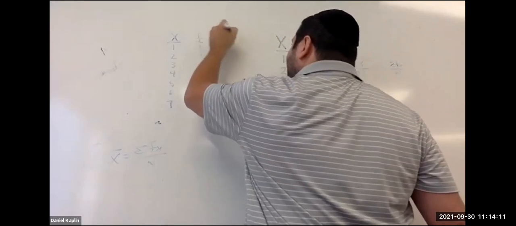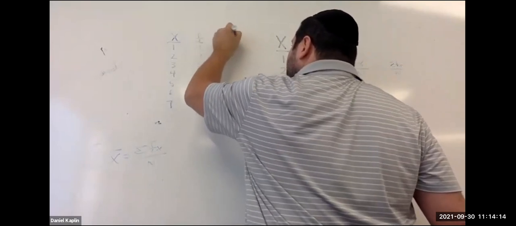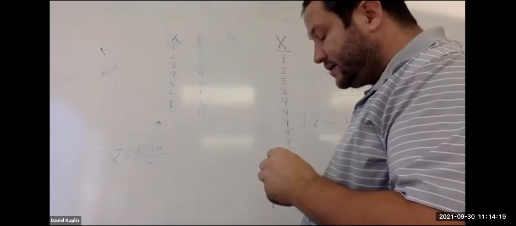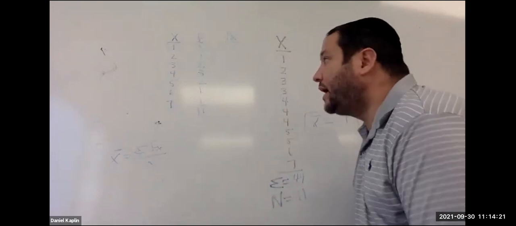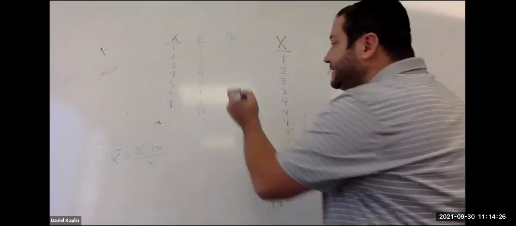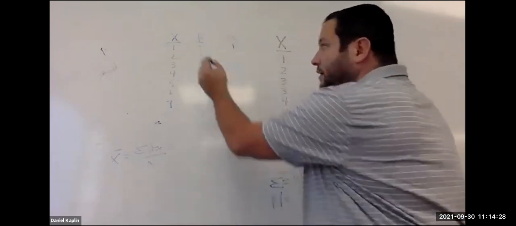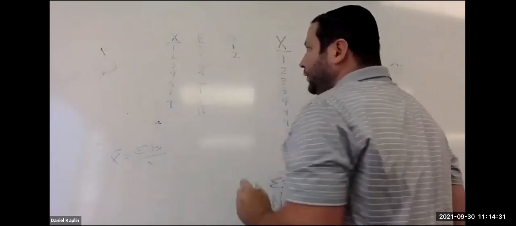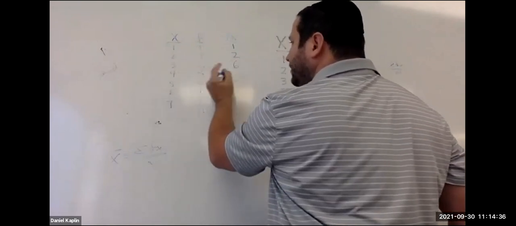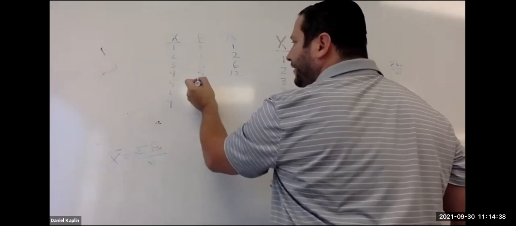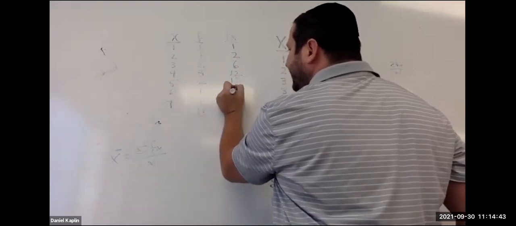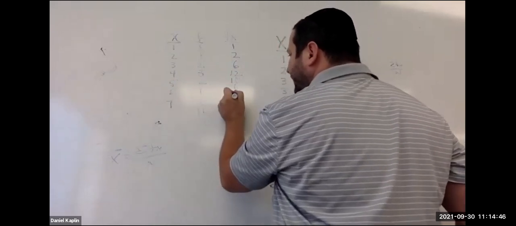Now, when you have 2 letters that are next to one another, you multiply. So I need to multiply this number by this number. So 1 times 1 is 1. 2 times 1 is 2. 3 times 2 is 6. 4 times 3 is 12. 5 times 2 is 10. 6 times 1 is 6. And 7 times 1 is 7.